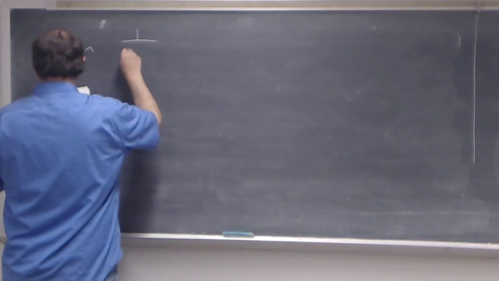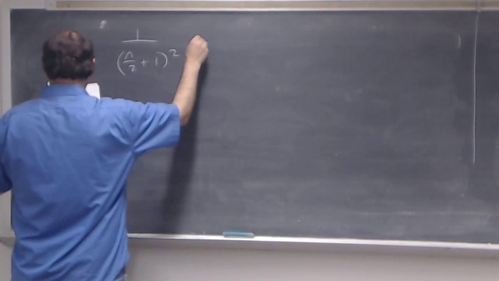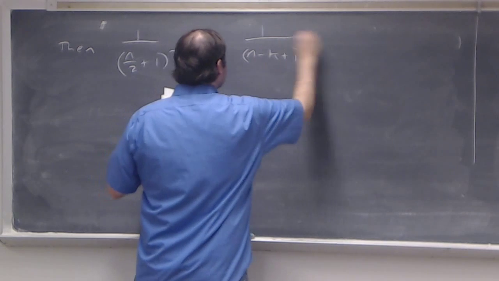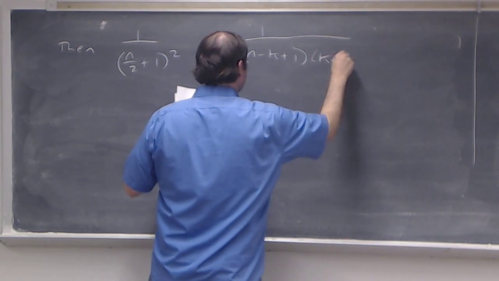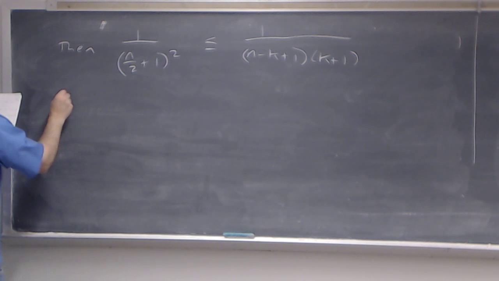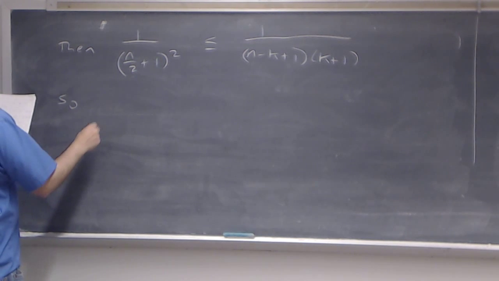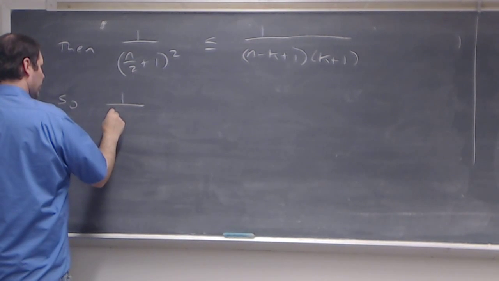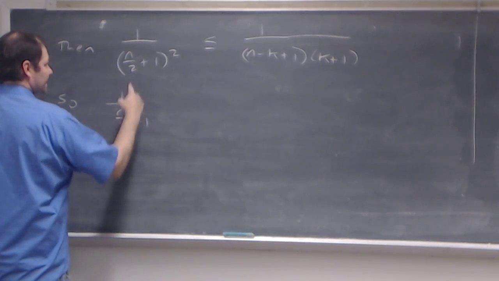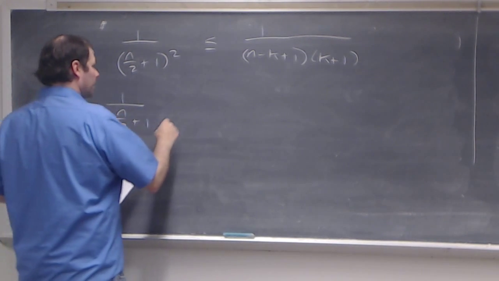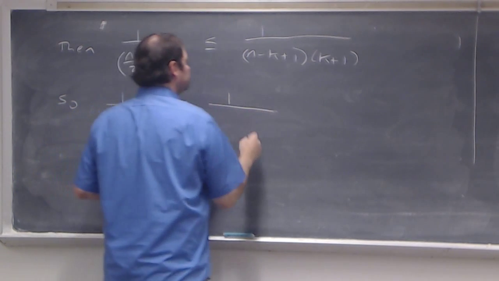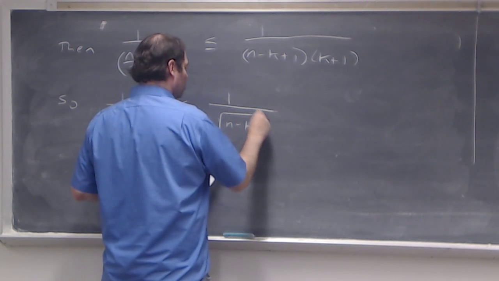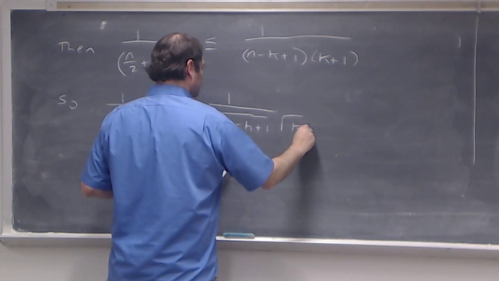What we get is 1 over (n/2 + 1) squared is less than or equal to 1 over (n − k + 1)(k + 1). That gives us that 1 over (n/2 + 1), taking the square root since both of these are positive, is less than or equal to, and the square root is increasing, the square root of n − k + 1 times the square root of k + 1.